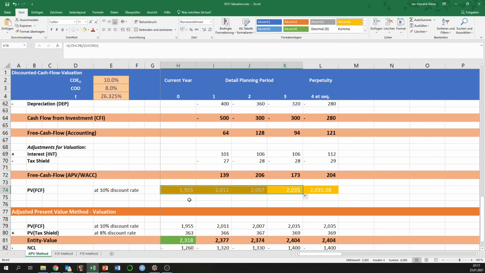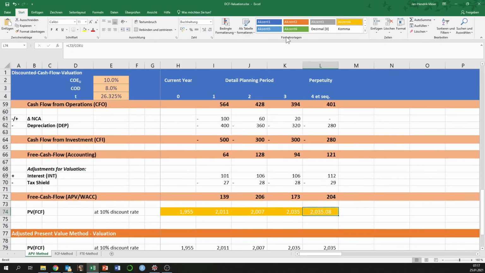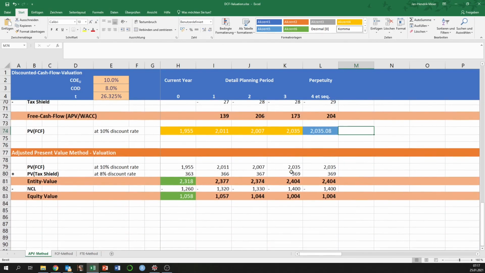Rolling back, and we end up in a present value of 1955 for today. Of course, it would be a bit better to show that it is a different formula, using a different color for the perpetuity spots so that it is a different formula applied here.